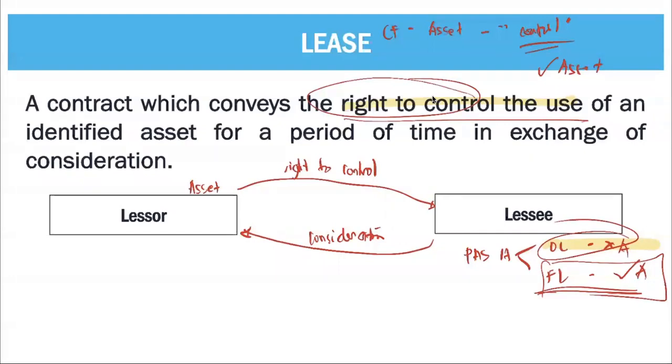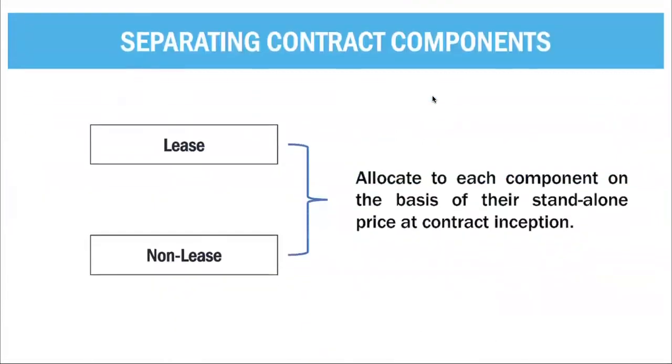Having established what is a lease and you know already that it is a contract, let's look into a bundled contract. What is a bundled contract? A bundled contract is a contract which contains your lease and non-lease components. If you still remember, you discussed this before in your PAS 40, investment property.